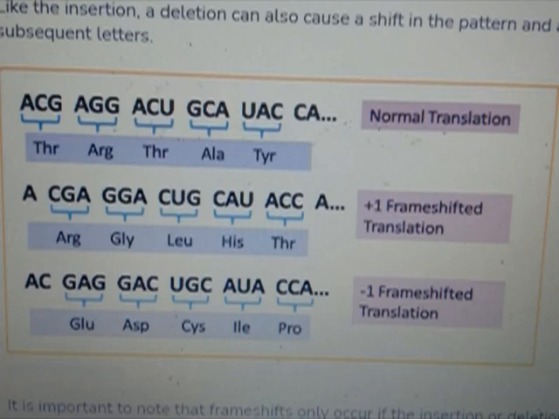For example, a mutation in such a place as an active site of an enzyme is likely to have more effect on the function of that enzyme than if it occurs in other parts of the enzyme. So this is missense mutation.